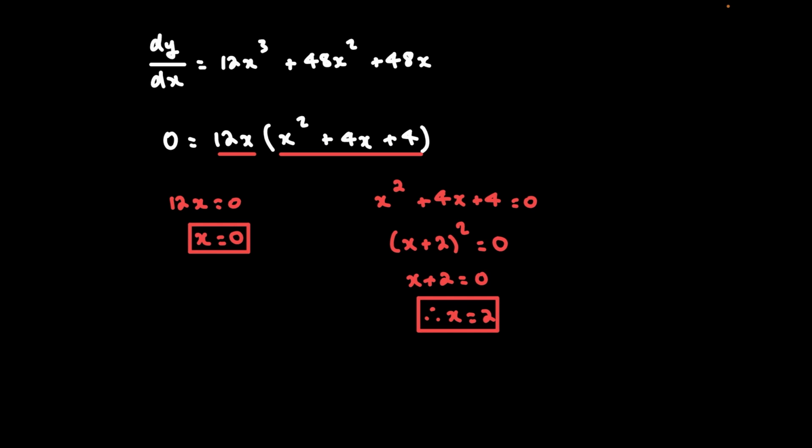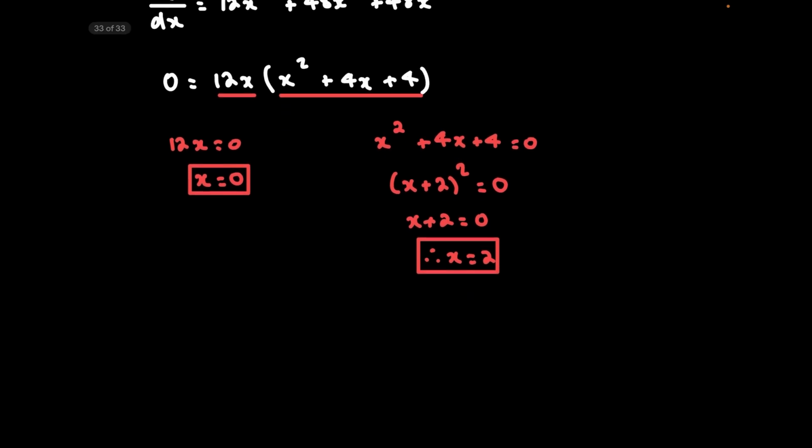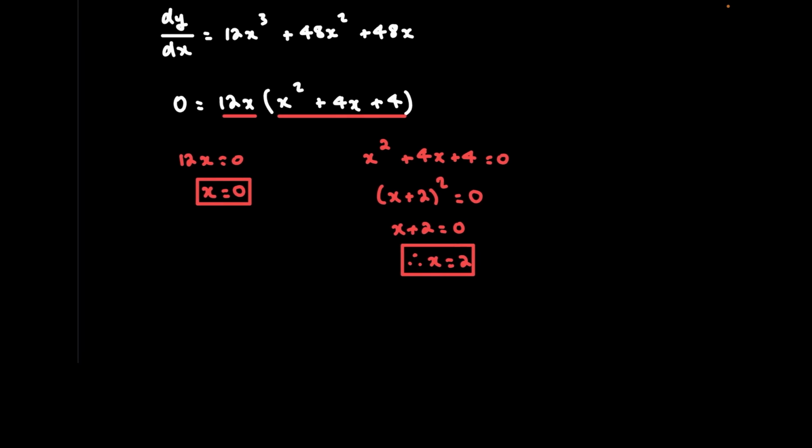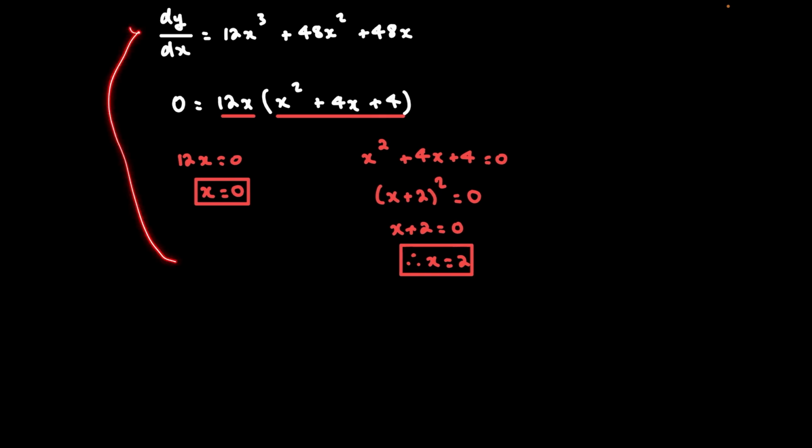But what are these stationary points? Are they local mins, local maxes, horizontal points of inflection? Well, let's find out. The way we find the nature of these stationary points is we simply double differentiate, i.e. differentiate our derivative equation. What we end up having is d squared y over dx squared.